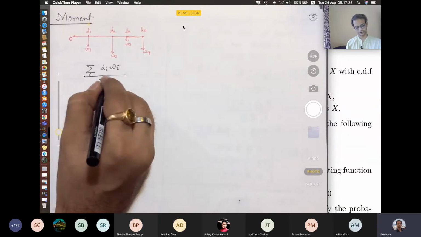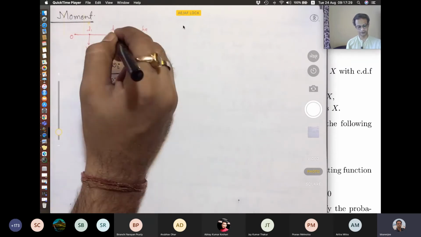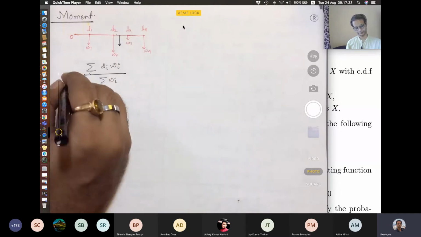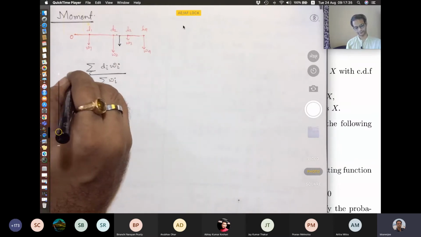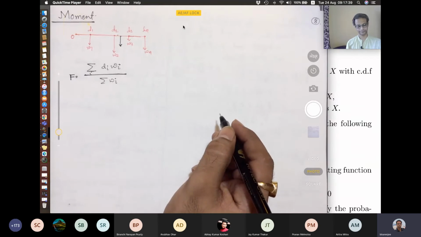Okay, at this location you can think that all forces are acting, maybe somewhere here nearby. At this location it will be acting.